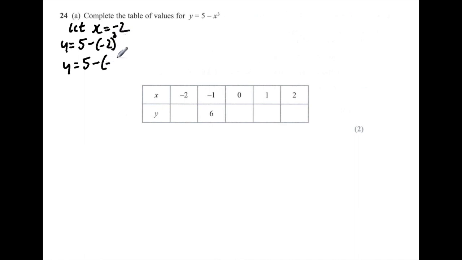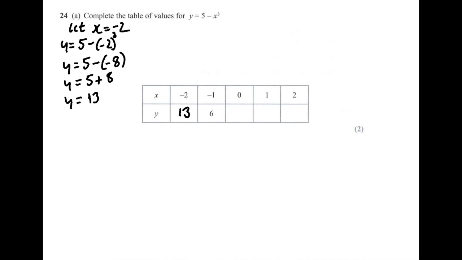Minus 2 cubed is minus 8. So y is equal to 5 minus minus 8, which is plus 8. Y is therefore equal to 13. So our first value is 13. So I'm going to put 13 over here.